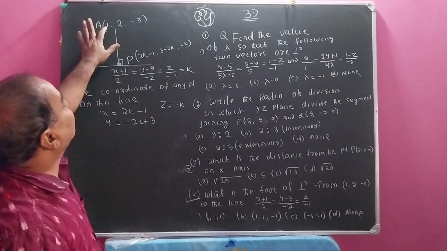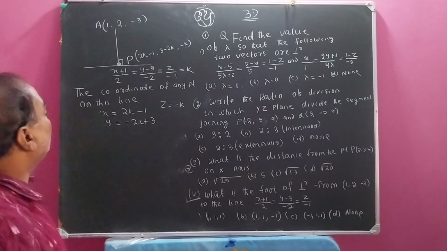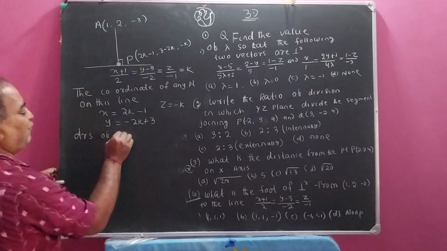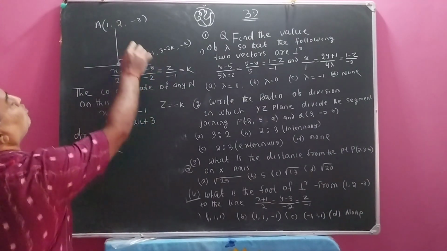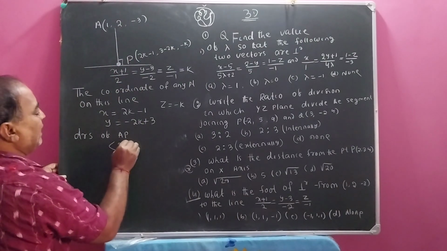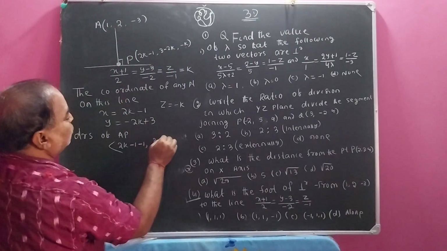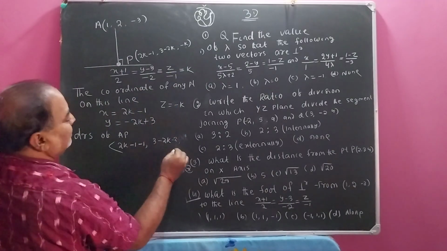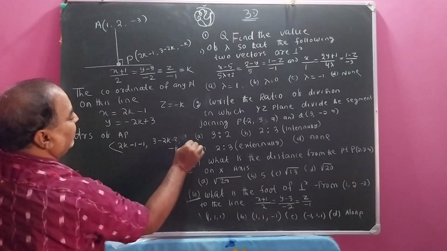So the direction ratio of AP: 2k minus 1 minus 1, 3 minus 2k minus 2, minus k, minus minus it is plus 3.